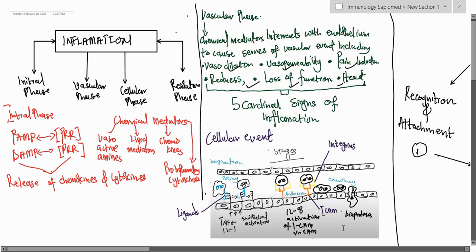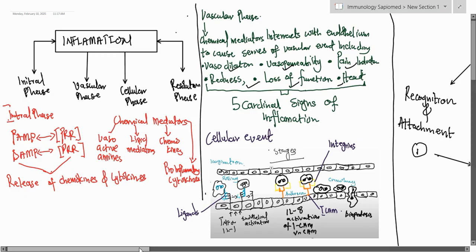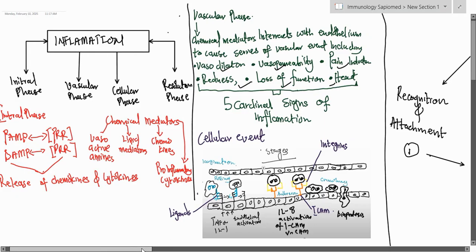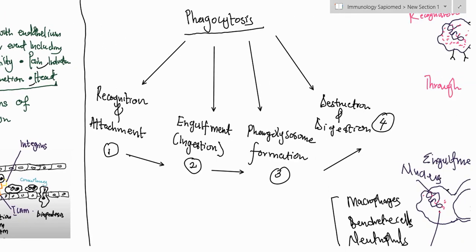So right now the leukocyte, or the immune cell, is out of the vascular compartment and is now in the interstitial space. What is going to happen next? The next event is what we call phagocytosis. So today we are going to look at phagocytosis. There are basically 4 main stages under phagocytosis.